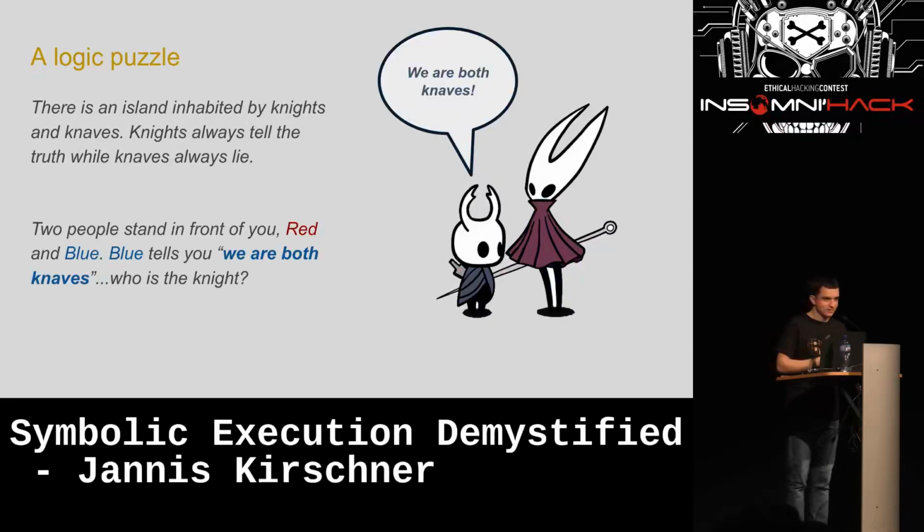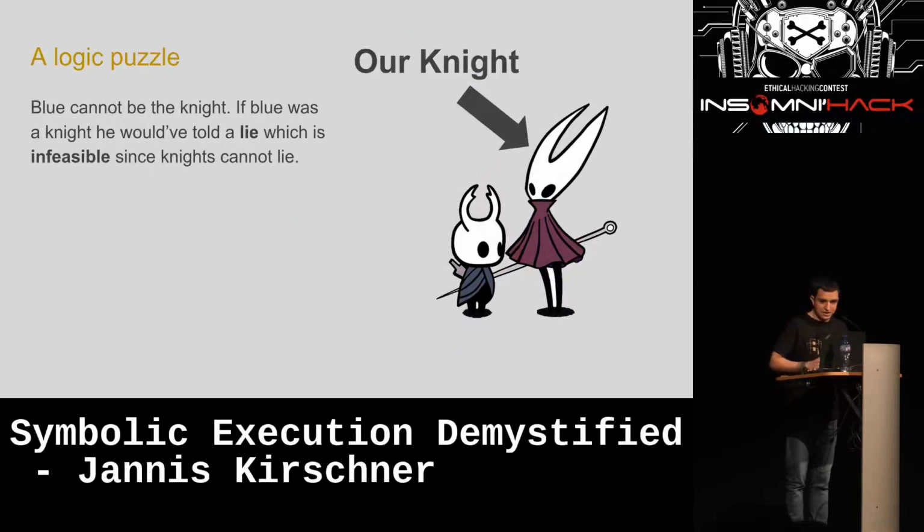Any ideas? I'll show you the solution. It must be Red, because Blue cannot be a knight if we apply our logic. If Blue were a knight, he would have told a lie, which is unfeasible since knights cannot lie.